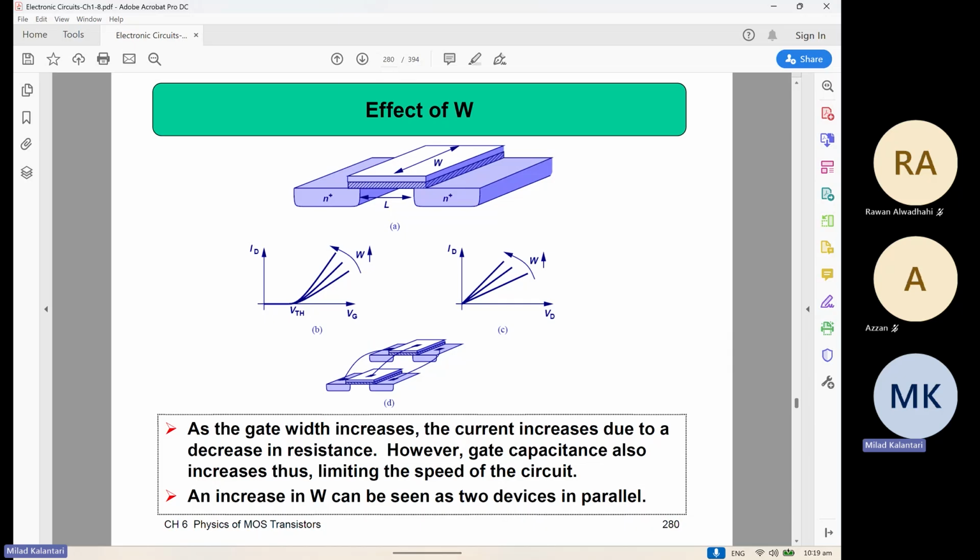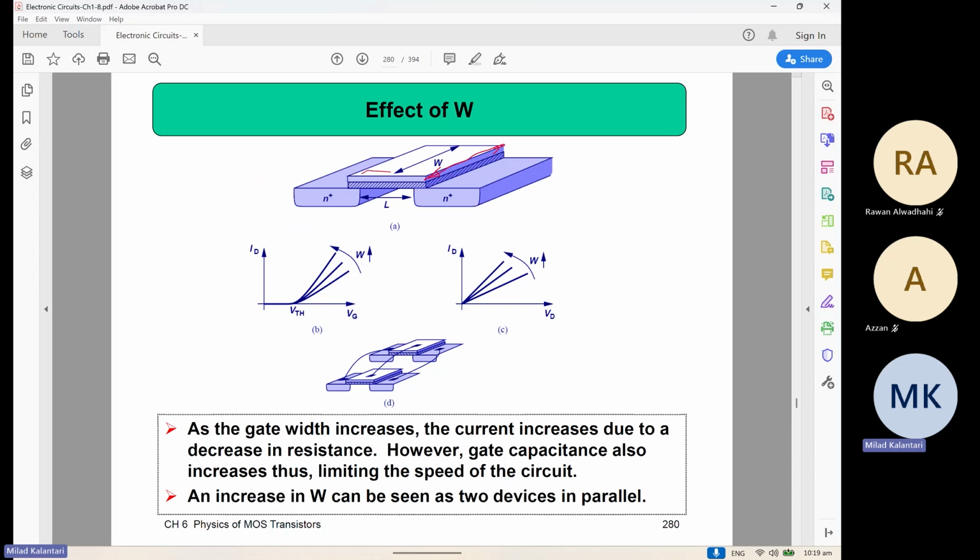On the other hand, the device is like 3D, right? So we were talking about the length between these two contacts, but it also has some width in this direction. The width is nothing but like paralleling different devices, right?